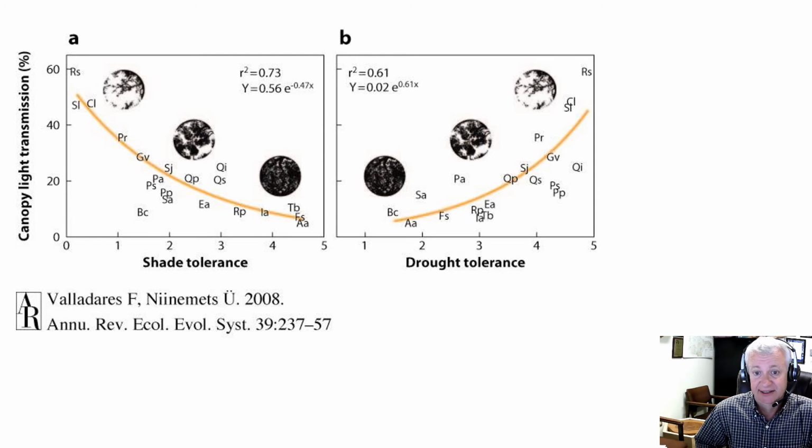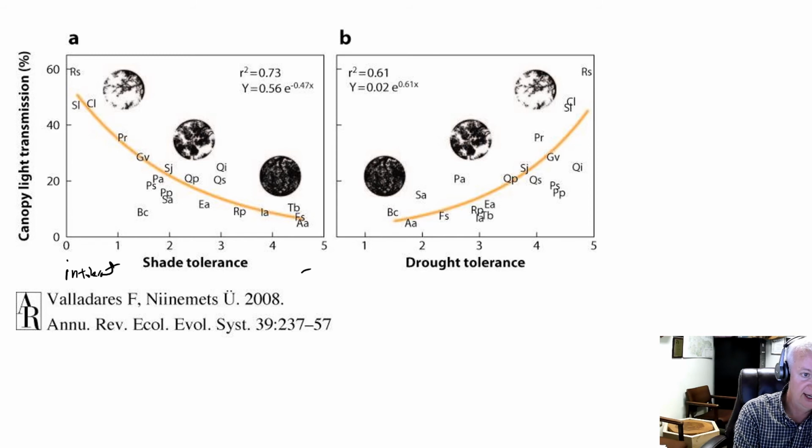Another example, this is a stand level attribute. This shows variation in shade tolerance, varying from intolerant to shade tolerant. And the y-axis of this graph is showing canopy light transmission.